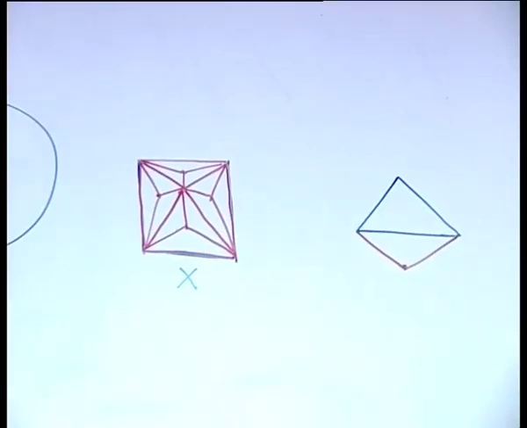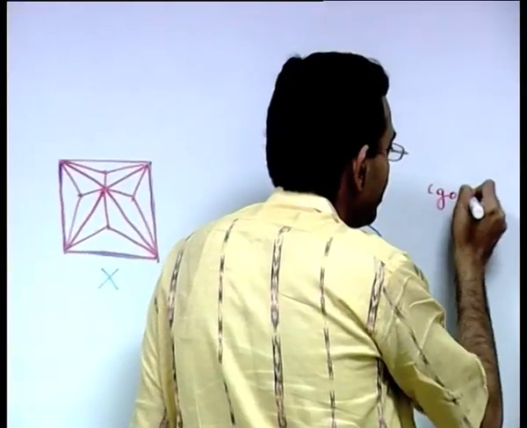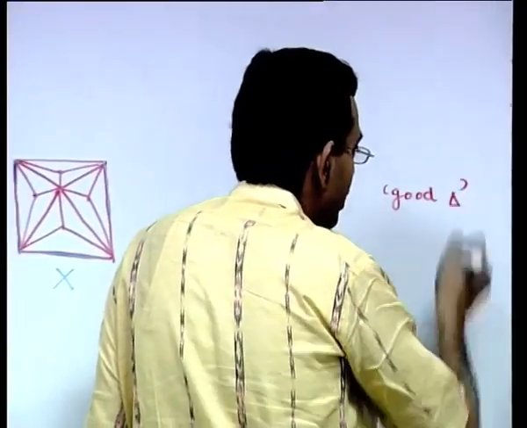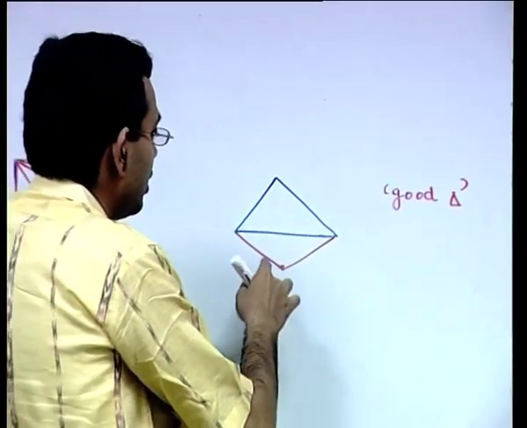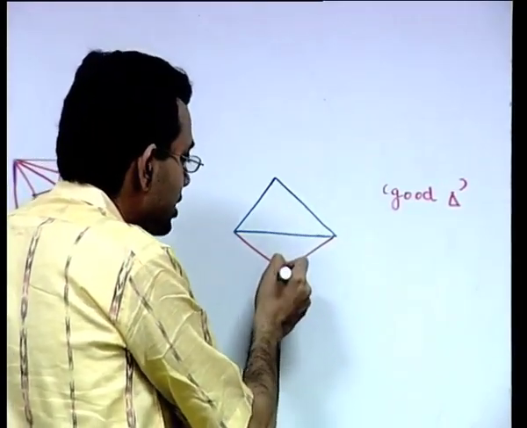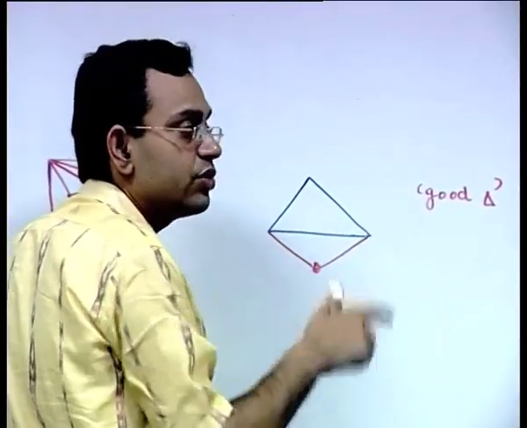Given an existing good triangle, we will later see what is a good or a bad triangle. We are looking for a point to be inserted somewhere so that a new triangle is generated which should be good.